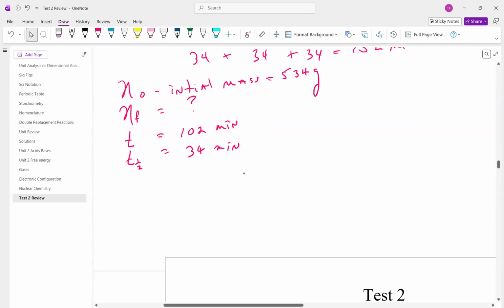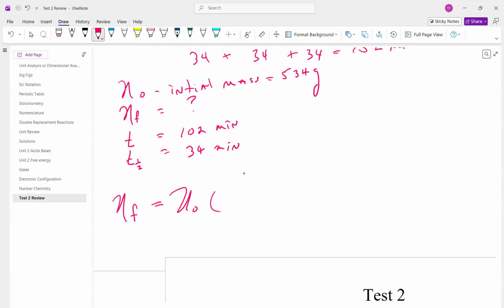So I'm plugging that into this formula here. Okay, so let's simplify this.